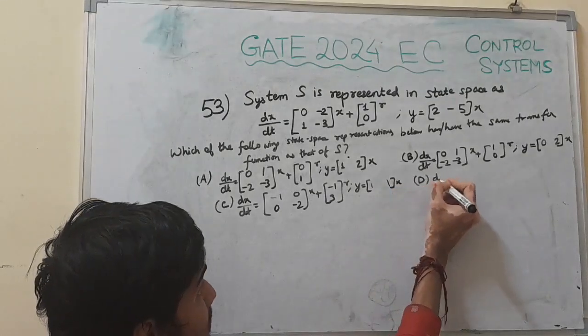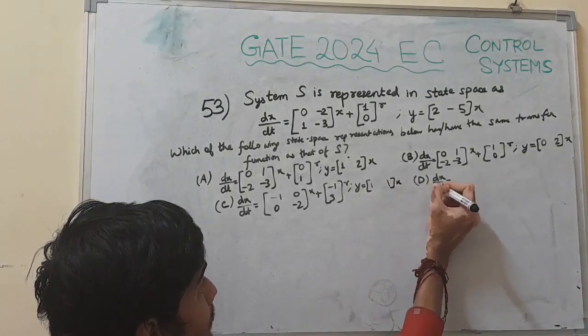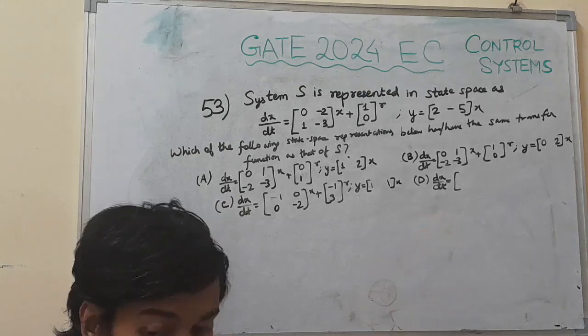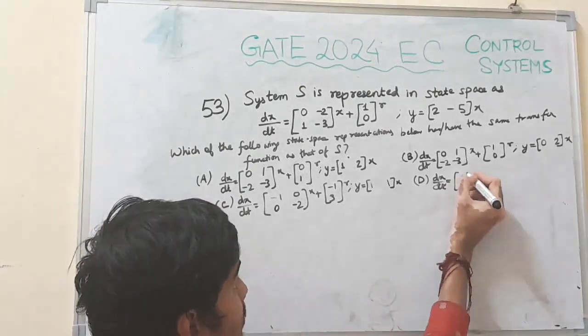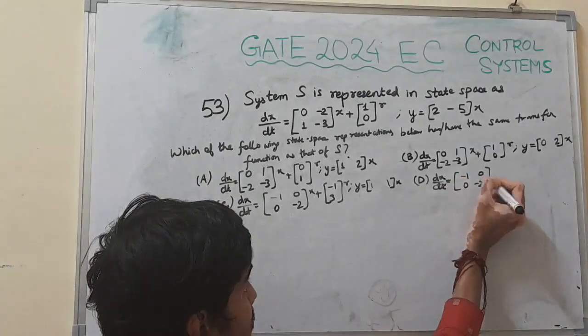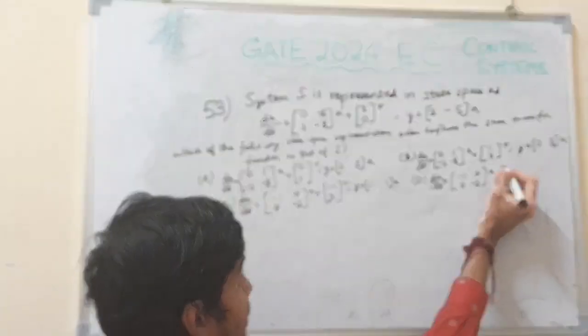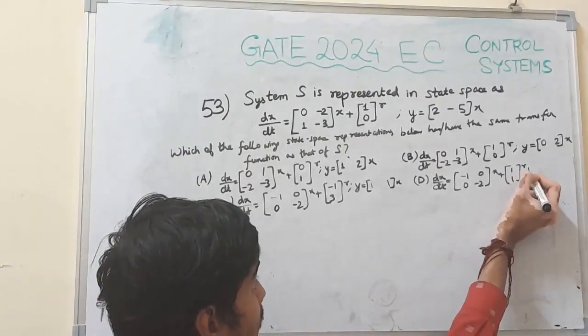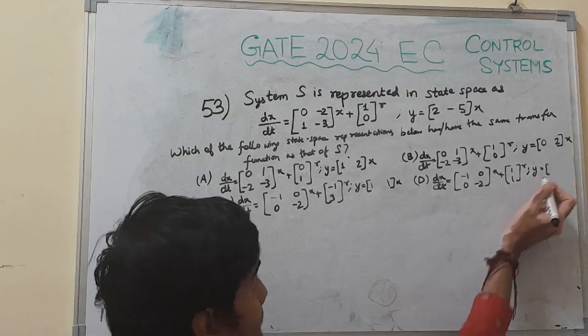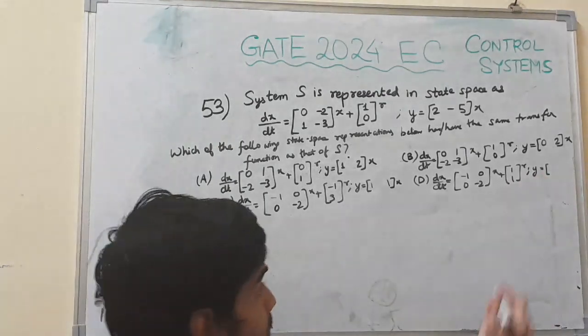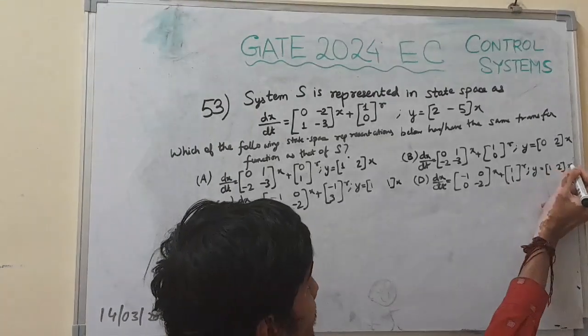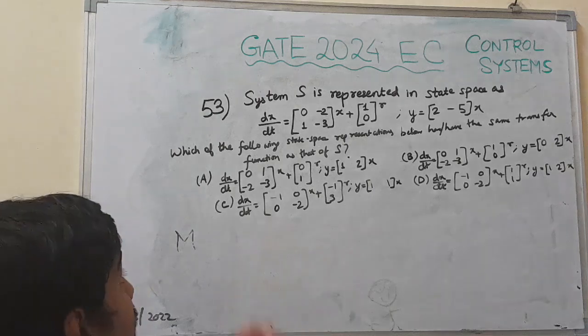Option number D, dx(t)/dt equal to [-1 0; 0 -2] x plus [1 1]ᵀ r, and y is given as [1 2] x. So basically these are the four options given.